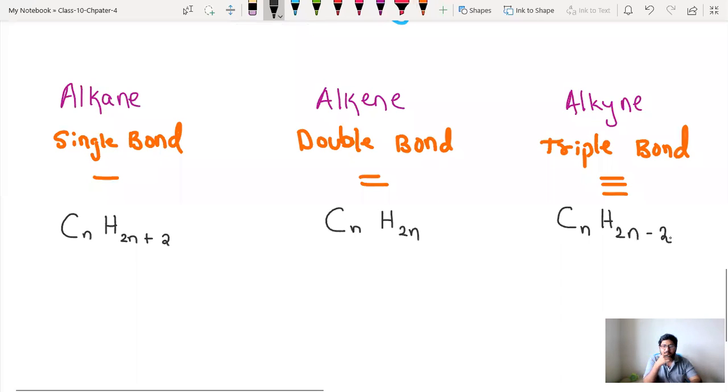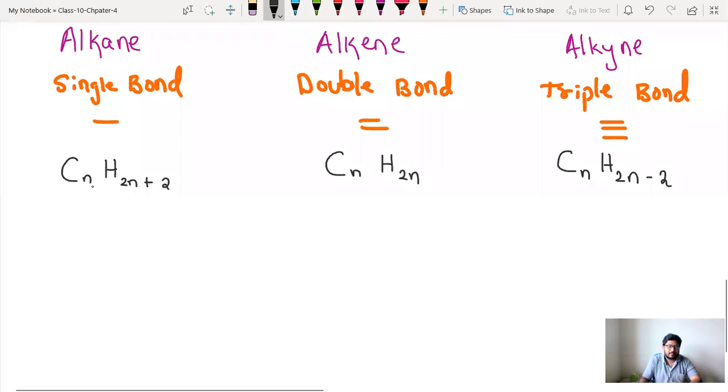In place of n, we can substitute numbers from 1 to your wish. If you substitute 1, C1. If you substitute 2, C2. If you substitute 4, C4. If you are increasing the numbers, carbon counts are also increasing.